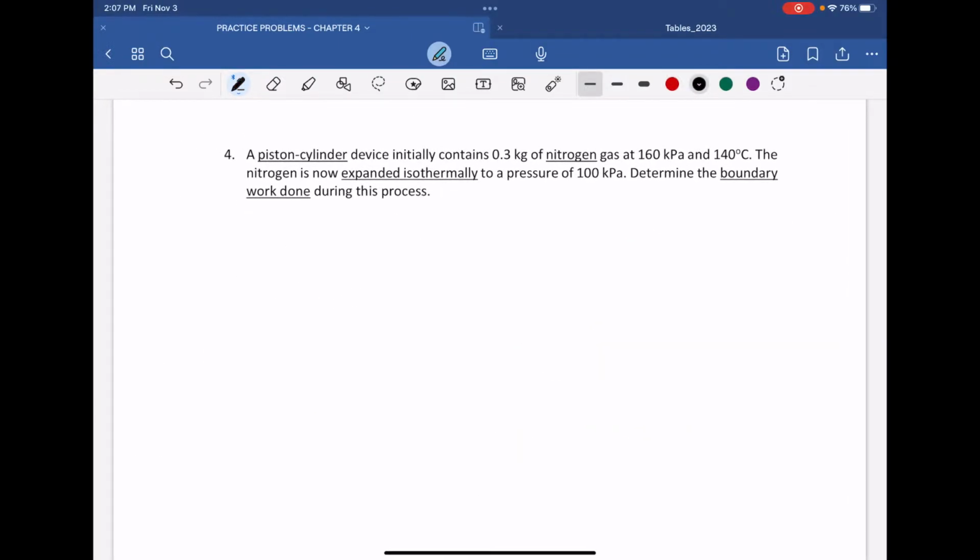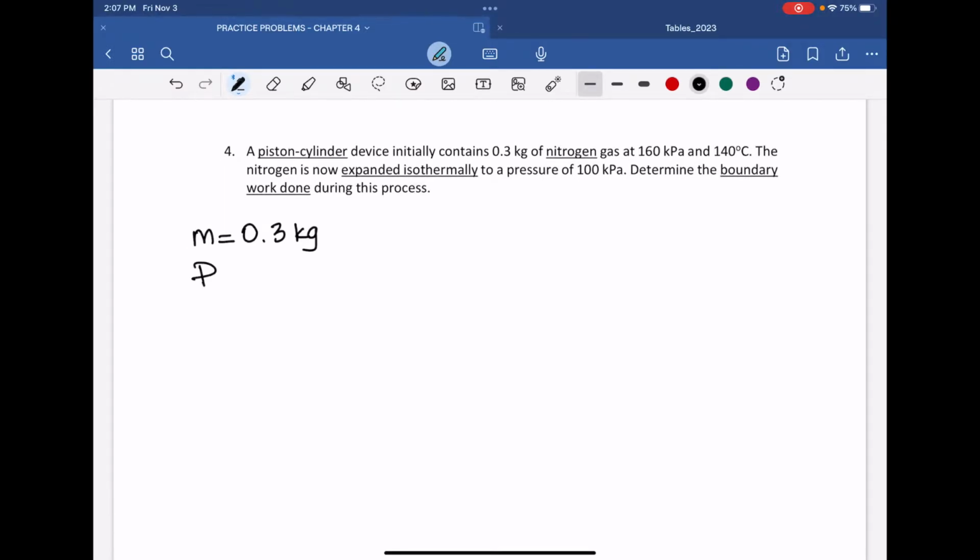A piston cylinder device initially contains 0.3 kilogram of nitrogen gas at 160 kilopascal and 140 degrees Celsius. So we have a piston cylinder device. Initially the mass doesn't change because it's a closed system, but the mass is given to be 0.3 kilogram, and then the pressure is 160 kilopascal.